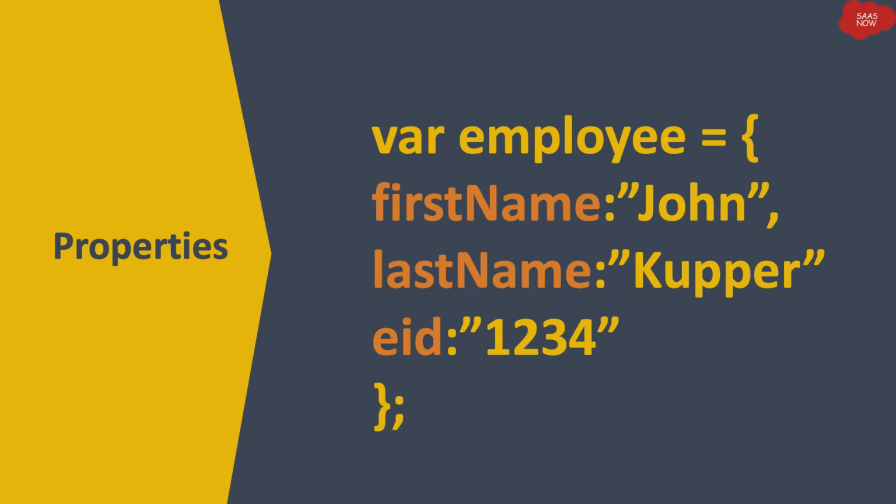And then we have John, Cooper, and 1, 2, 3, 4, these are values of the properties of employee object. So we have employee, which is an object. That employee has different properties like first name, last name, employee ID. And all these properties have some values.